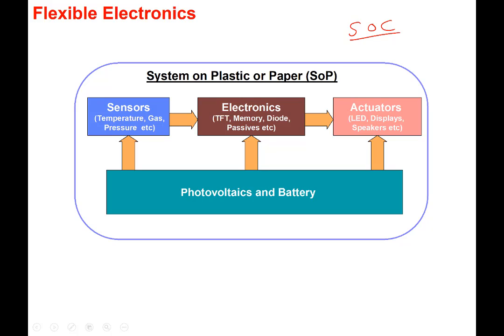Now, note that this is something even more ambitious than silicon. For example, with silicon, all that you can do is electronics. If you want to make a complete system using silicon, what do you have to do? You have to take electronics as chips. You have to add maybe a separate display, and you will have to add a separate battery.